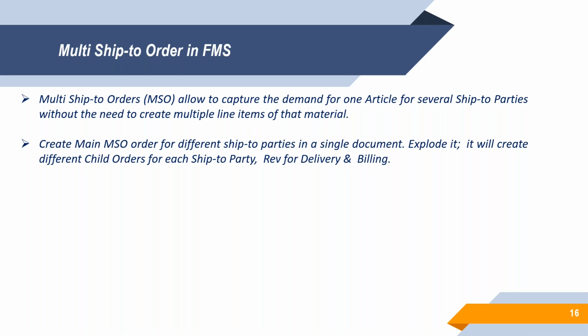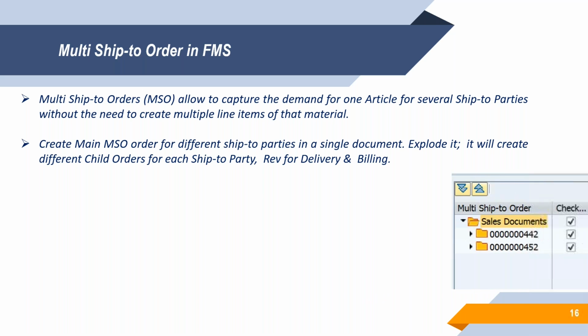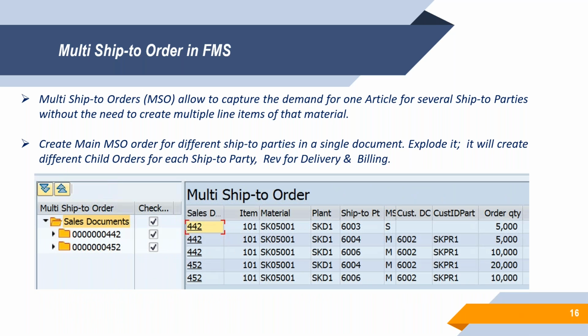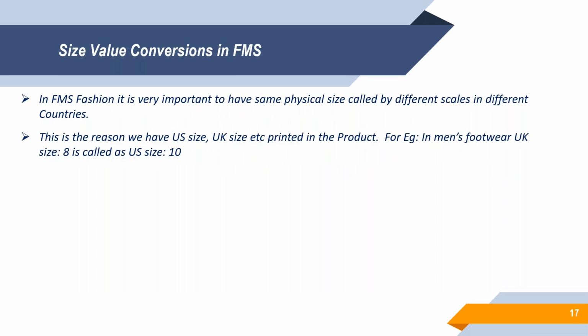The system will automatically create the child MSOs based on the number of ship to parties linked to that particular customer. So here, if you can see, the child MSO is relevant for creation of the delivery and the billing. This screen explains how you can explode it.